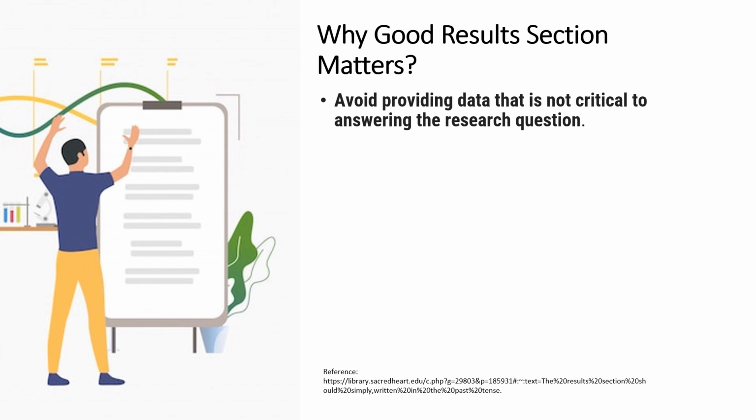So the key so that you will avoid this problem is to reread the background of the study of your paper and check whether the things that you place in your results are connected to what you have put there.